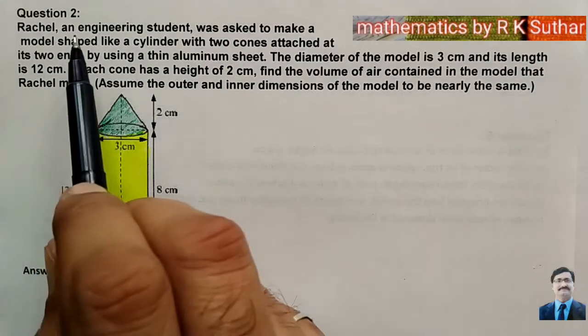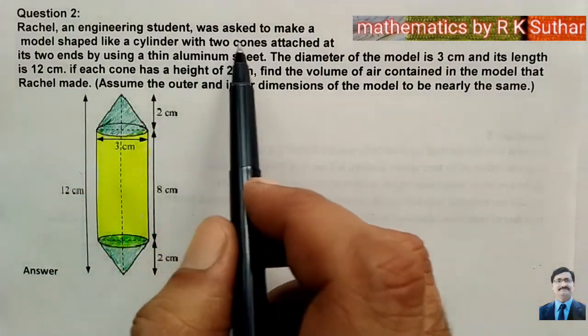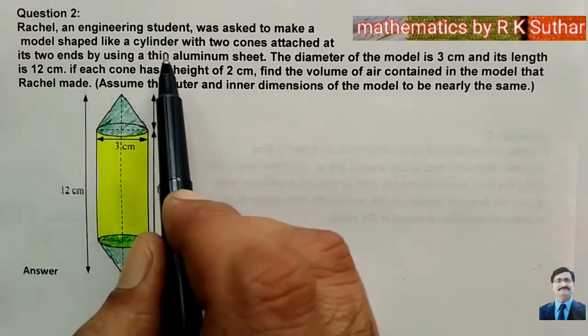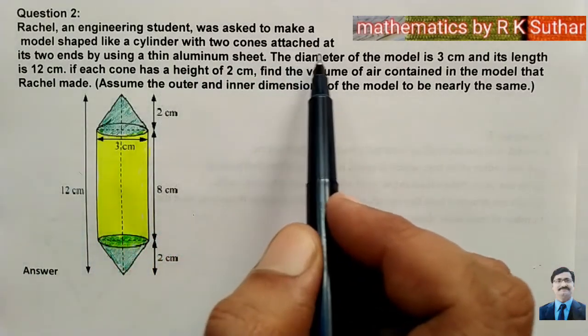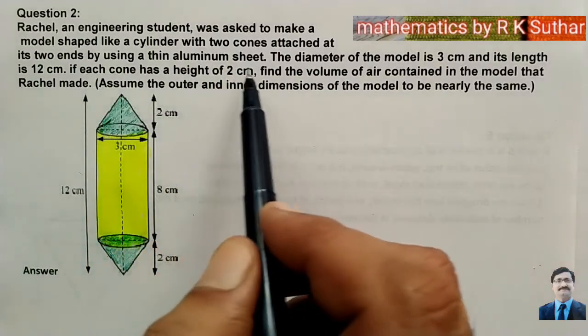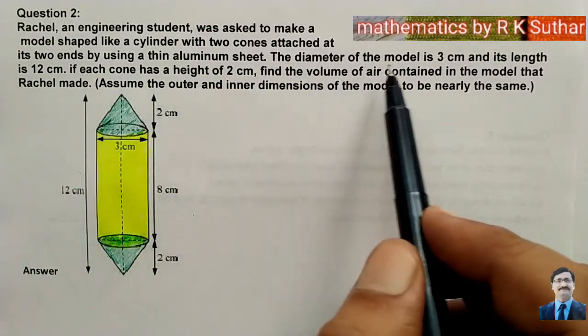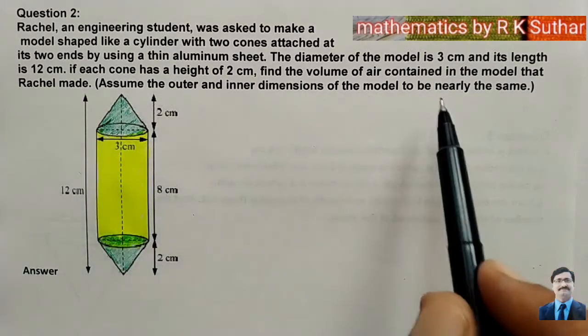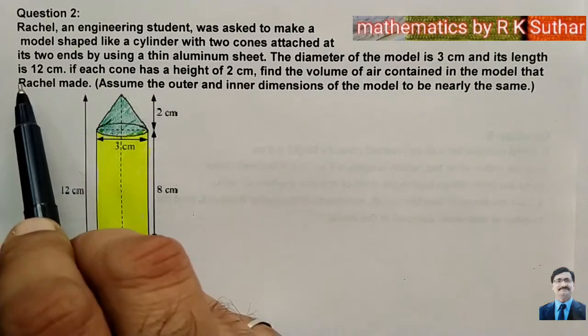Look here, Rachel, an engineering student, was asked to make a model shaped like a cylinder with two cones attached at its two ends by using a thin aluminum sheet. The diameter of the model is 3 centimeter and its length is 12 centimeter.